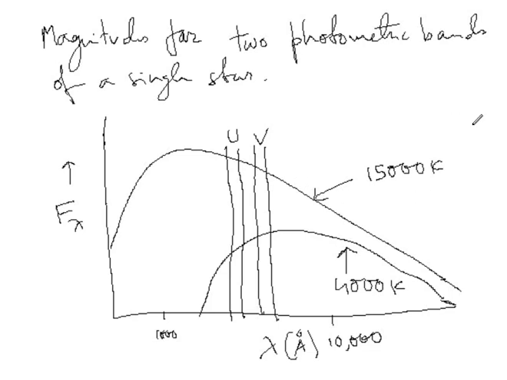Now you see, if we take the ratio, say FU by FV, flux in U band by flux in V band, what does this mean? This means MV minus MU.